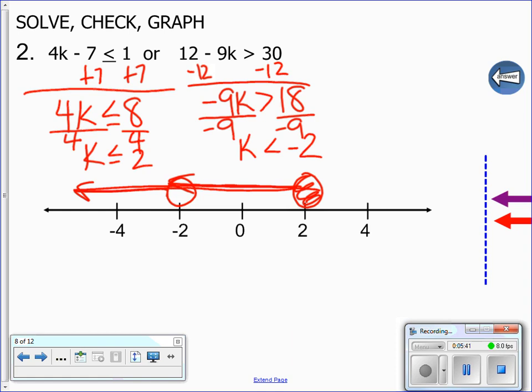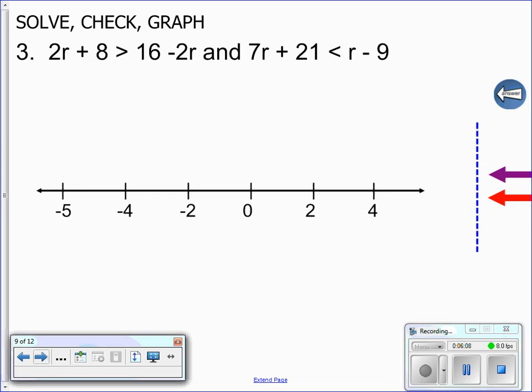So it's an OR statement. So my answer is just going to be k is less than or equal to 2. Because since it's an OR statement, it starts here and just goes all the way to negative infinity. So it would already incorporate this k is less than negative 2. So I don't need to be redundant and write it twice.